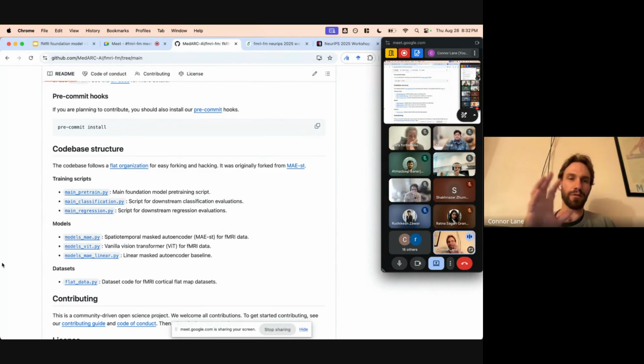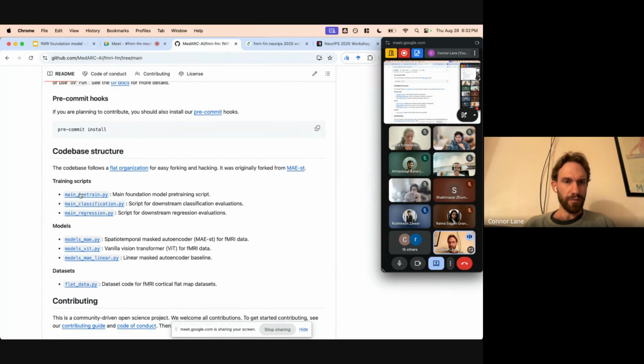In general, the code is forked from the original MAE repository. So most of the files are just versions of the modules that they had. There's a main pre-training script for training the MAE on HCP, and then there's two downstream evaluation scripts for classification and regression downstream tasks.